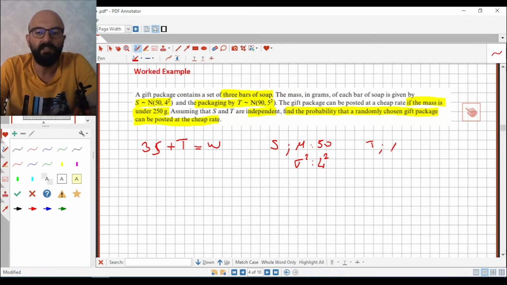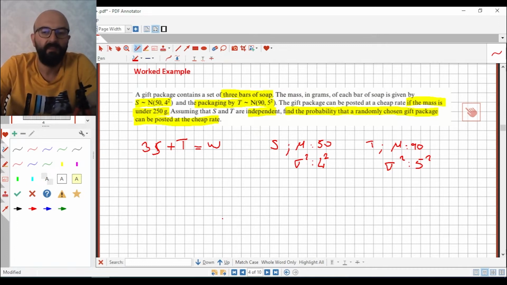For the packaging, the mean is 90 grams, and the variance is 5 squared.